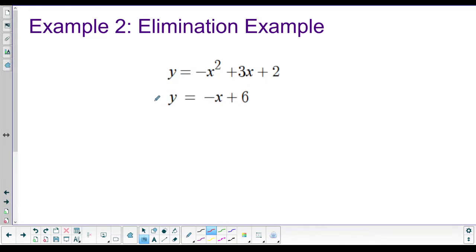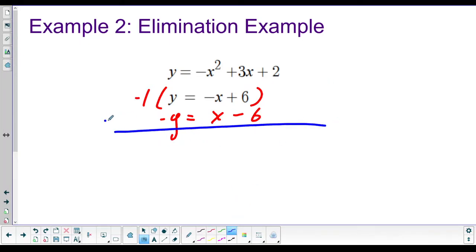So I'm going to multiply the whole bottom by negative 1. All right, so we get negative y equals positive x minus 6. Okay, now we're going to add this equation with this one. So y minus y is 0 equals, bring down our negative x squared.